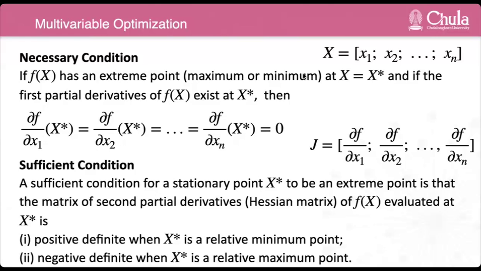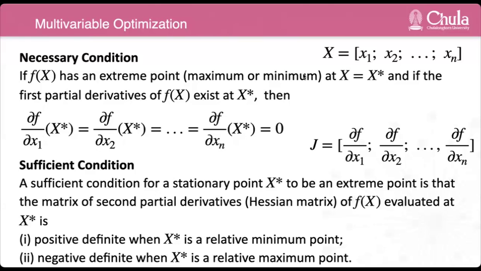What about the sufficient condition? For the stationary point x star to be an extreme point, we look at the matrix of second partial derivatives, which we call H. H stands for Hessian. We call it the Hessian matrix. It is second order partial derivatives, and it is a matrix.